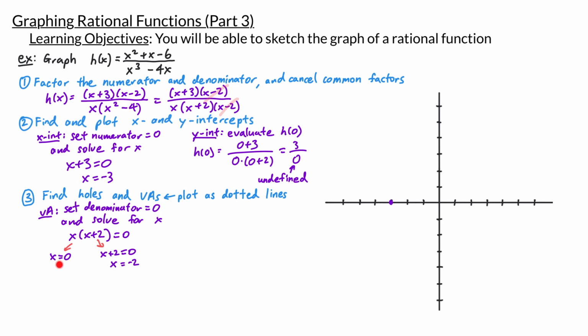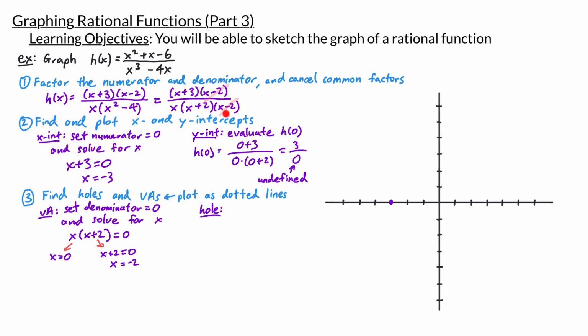So we have two vertical asymptotes for our rational function. Now, since our function has factors that canceled out in the numerator and denominator, our function is going to have a hole. Remember, we get holes for x values that are not in my domain, that are not vertical asymptotes.